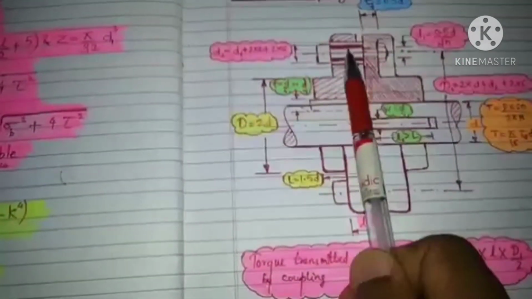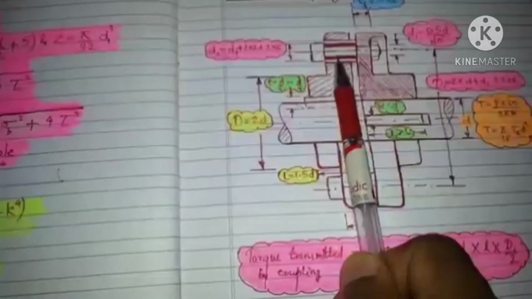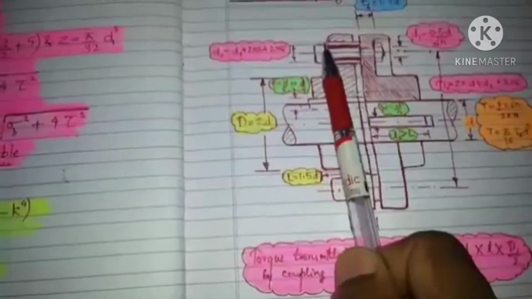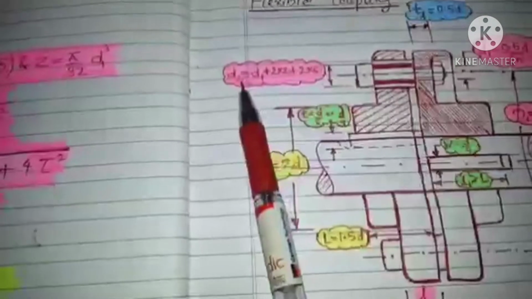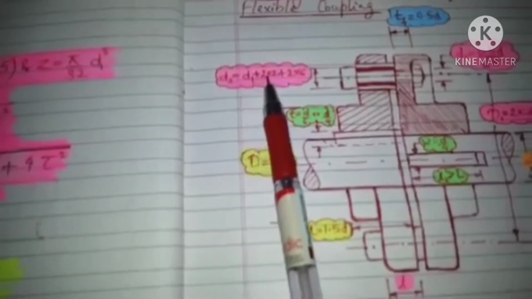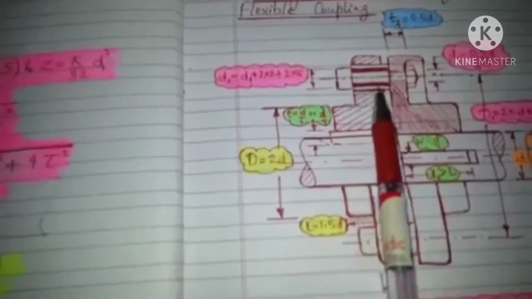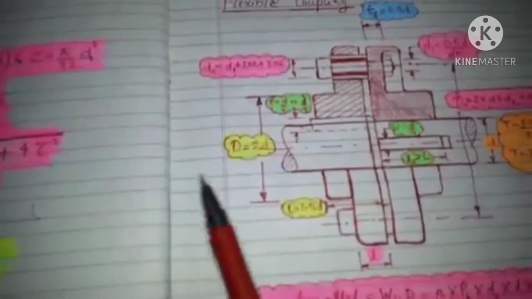The pin has a brass bush of 2 mm thickness, and then a rubber bush of 6 mm thickness. Therefore the diameter of the bush is d2 is equal to d1 plus 2 into 2 plus 2 into 6. This is the diameter of the bush, or the diameter of the hole.